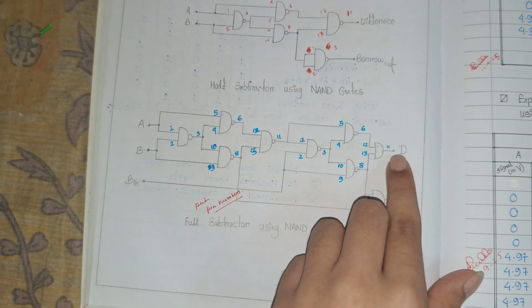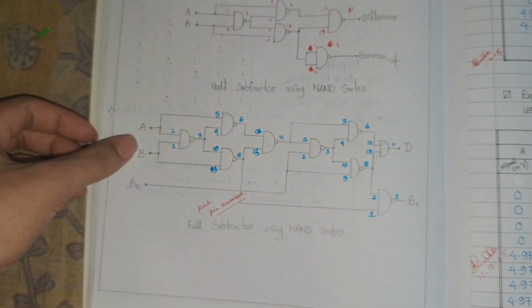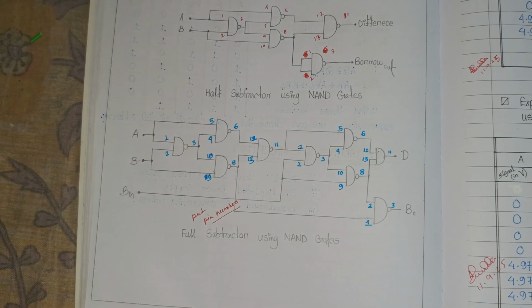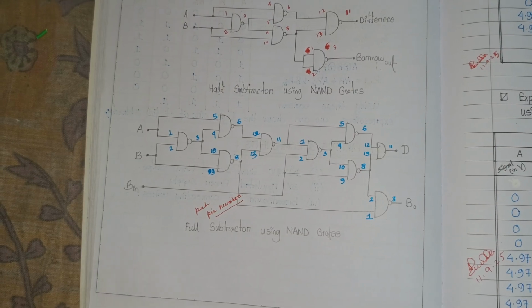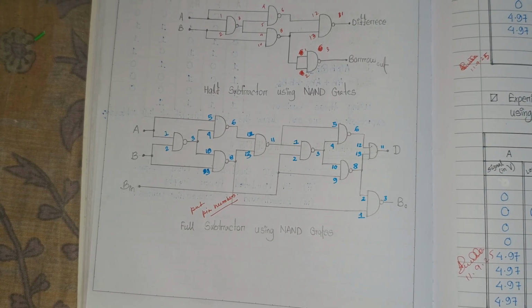Ultimately, in the difference, we get A XOR B XOR B in. So this is how the difference is getting calculated in a full subtractor.